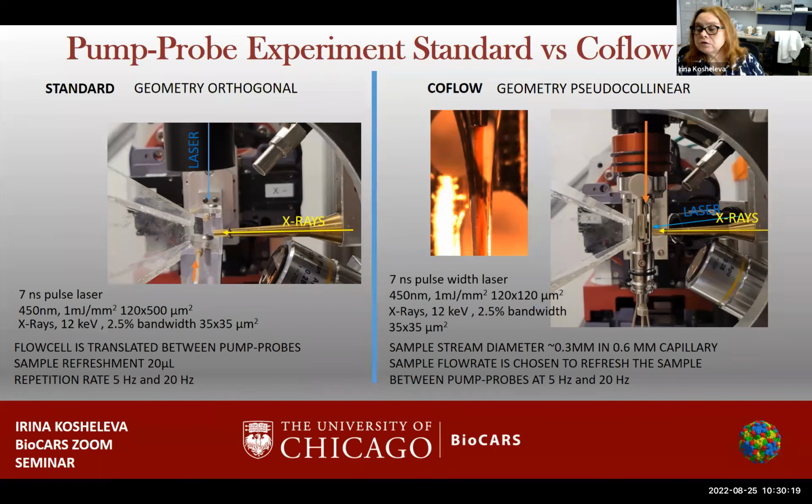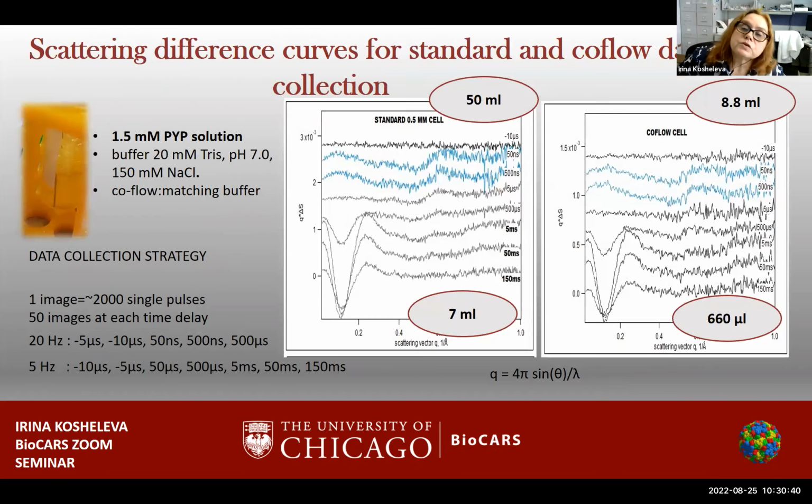For the continuous flow of the sample, to ensure the proper overlap, the software was modified to offset the laser. For the longer time delays, I think for more than 1 millisecond, we need to offset the laser to ensure proper overlap. And this is the data which I've got.